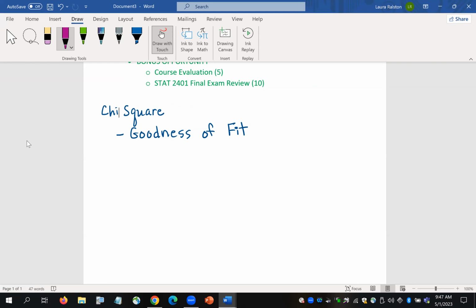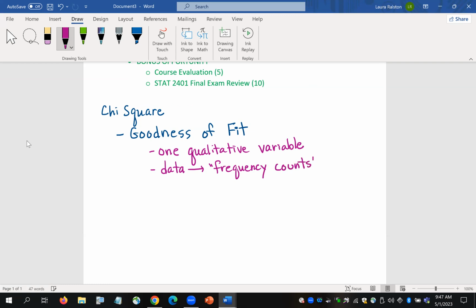So for goodness of fit, when I'm reading a scenario, basically I'm going to have information about one qualitative variable. Okay, I only have one qualitative variable. The data that you need is ultimately the frequency counts: how many times does a particular category occur?